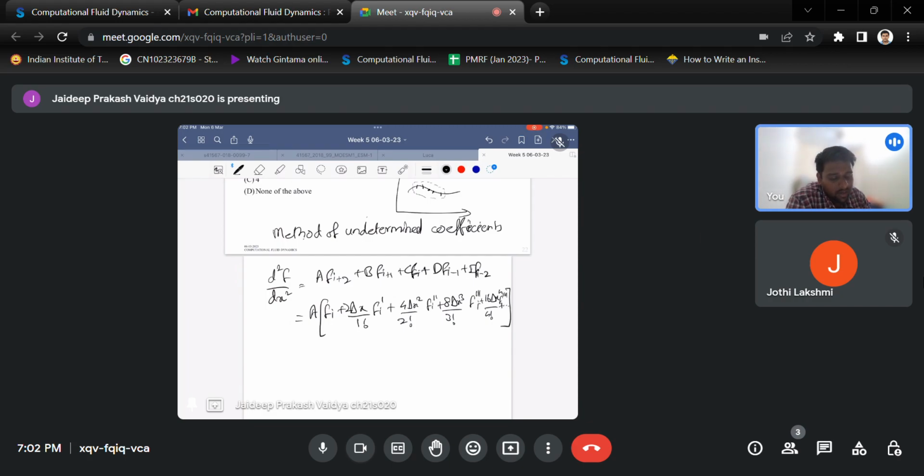But since there are only 5 coefficients, we write down up to 5 terms, 1, 2, 3, 4, 5.